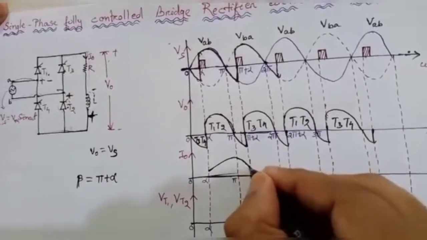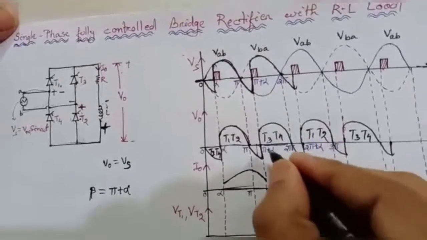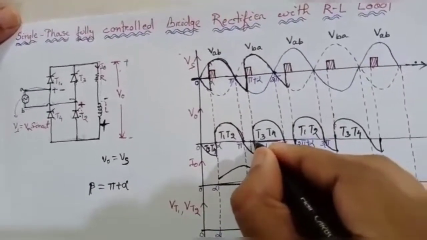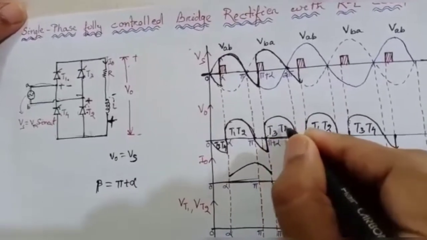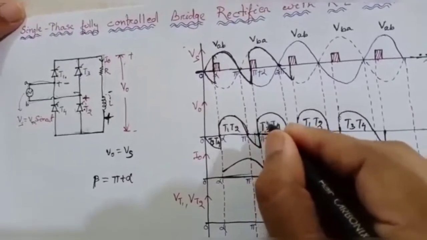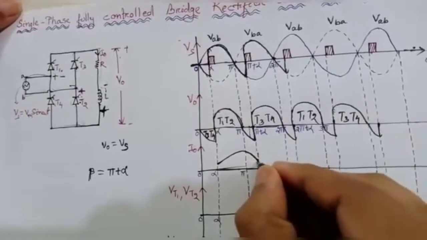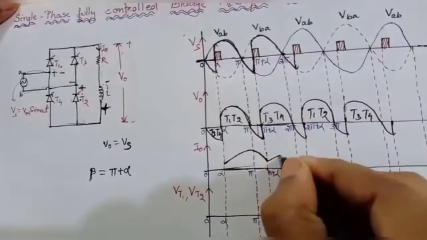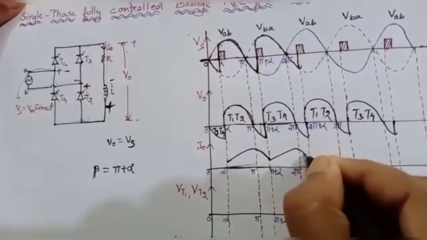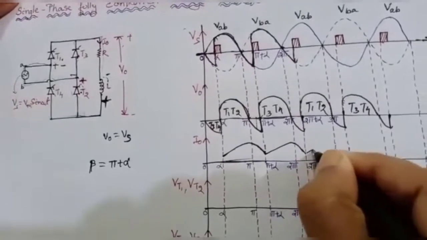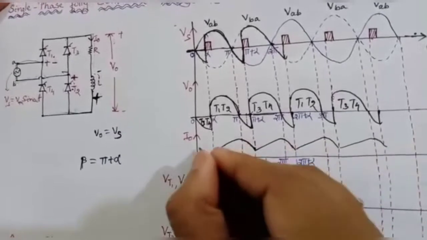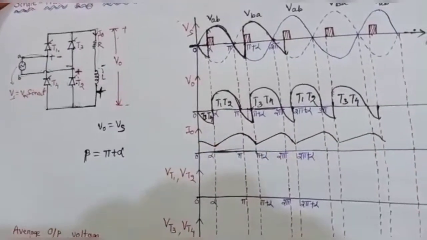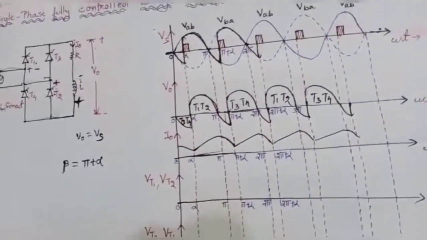But here, when we are decreasing this current at pi plus alpha, T3 and T4 is turned on, and again due to the source, current will be increasing. So that's why in this continuous conduction mode, current will never touch the zero line. It is like increasing, decreasing, increasing, decreasing, like this. This is the continuous current of this circuit.